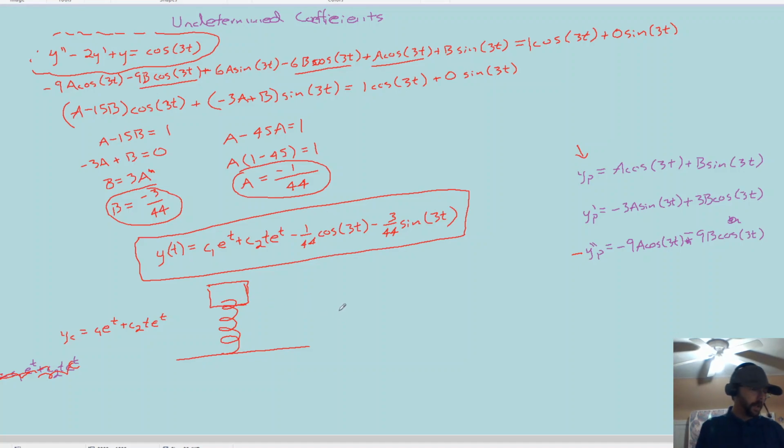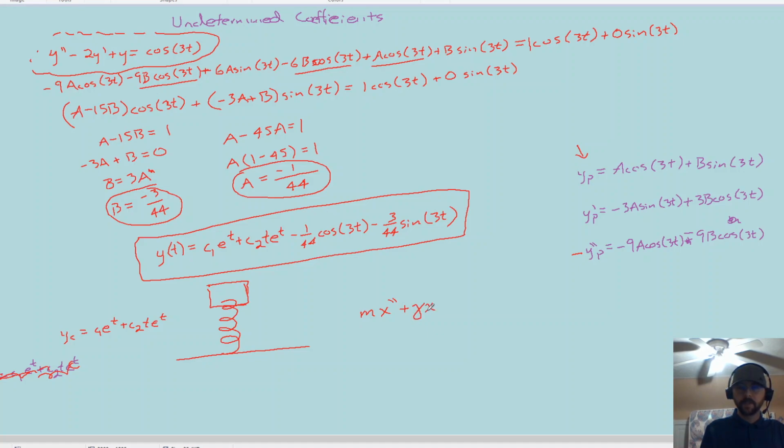So basically, that would be m times the second derivative of the position, which I'm calling x. You could use any variable, it doesn't matter. Plus, sometimes they use c, sometimes they use gamma. I liked it better when they used gamma.